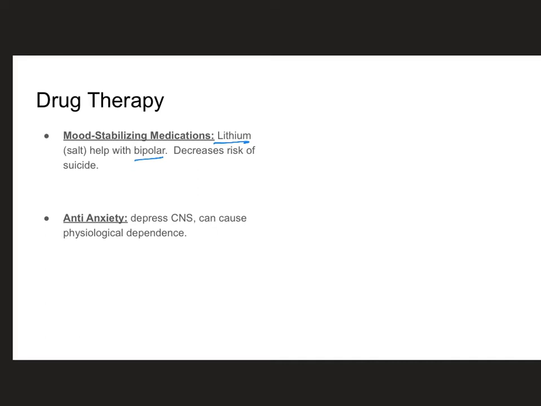Something to be aware of with lithium, though, is that it can prevent future episodes of mania if taken regularly. Which is super important. So if you take it regularly, it can help prevent manic episodes.